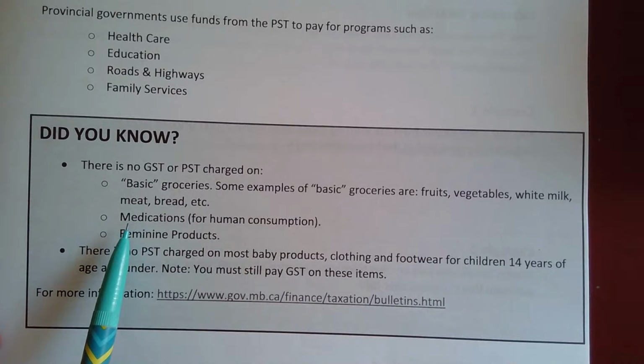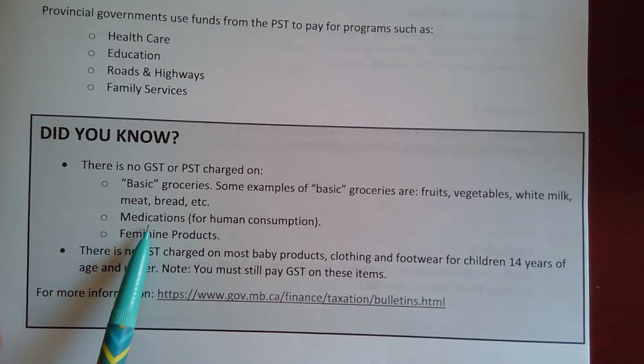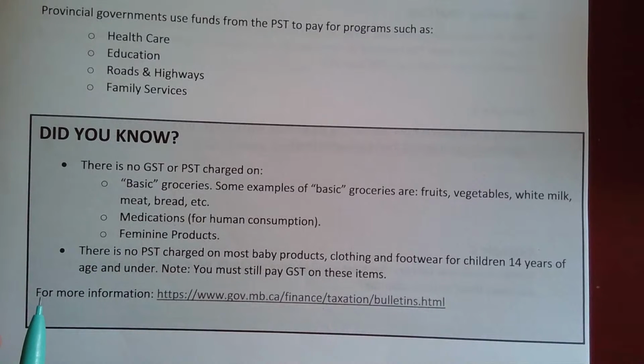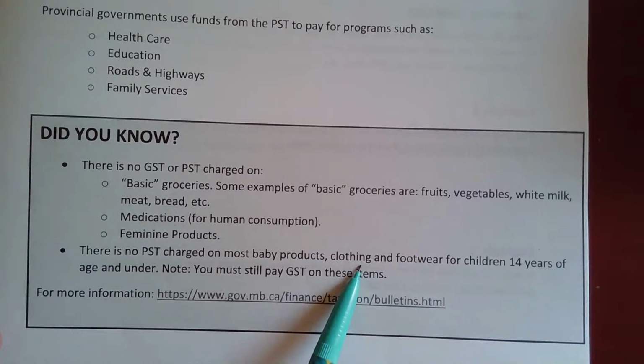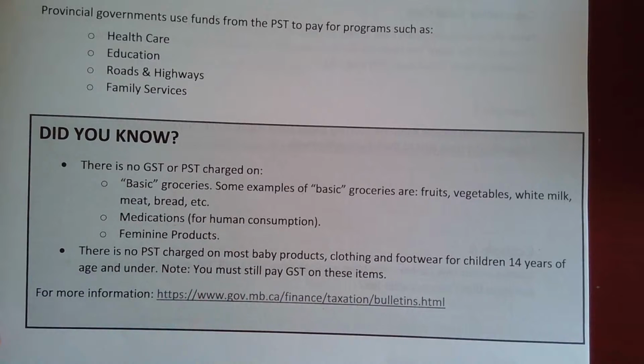There is also no GST or PST for medications and feminine products. There is no PST charge on most baby products, including clothing and footwear for children under 14, but we still have to pay the GST on these items.